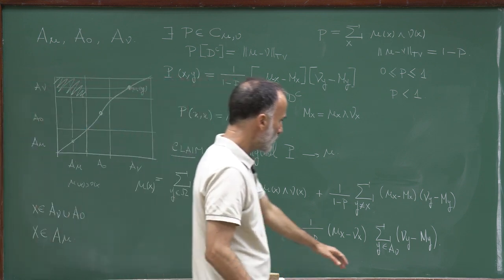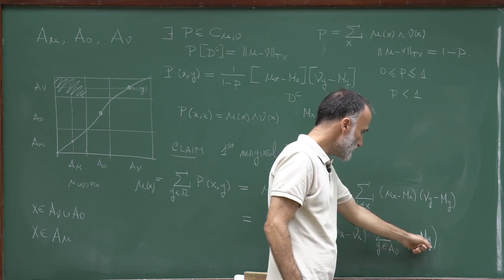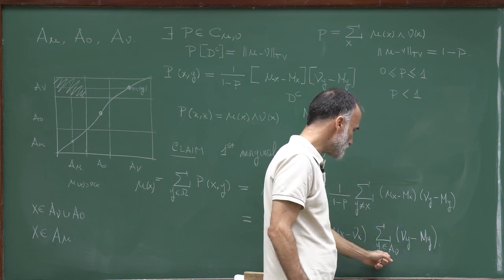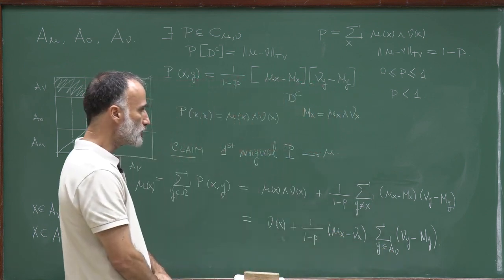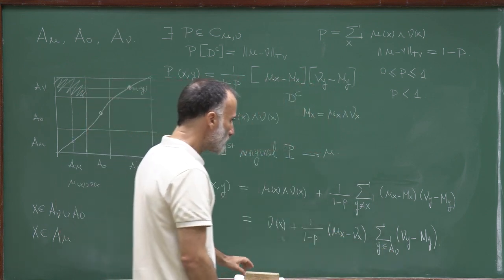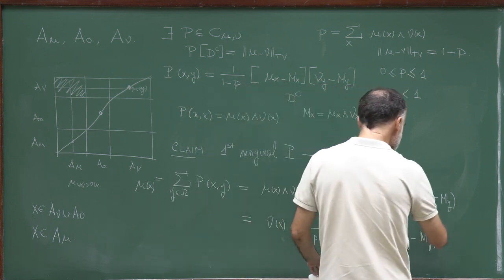I had before a sum over all y's, but since this is equal to 0 whenever y does not belong to A_nu, I can restrict my sum to the set A_nu. And when I restrict my sum to A_nu, I can replace m(y) by mu(y).